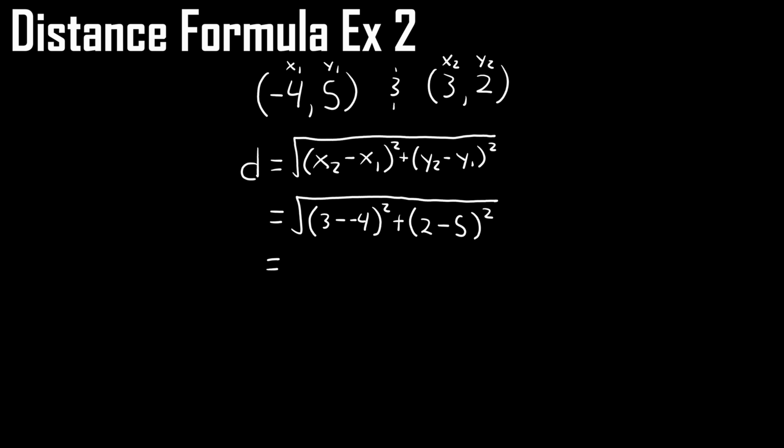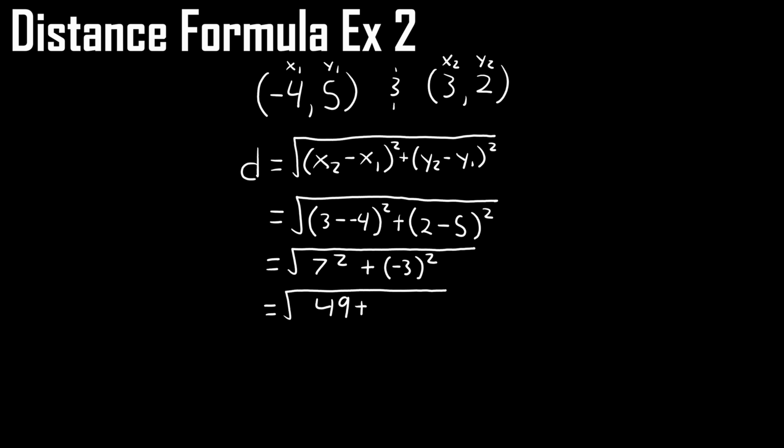This will simplify to the square root of 7 squared plus -3 squared, which will simplify further to 49 plus 9, which will again simplify to the square root of 58, which is equivalent to 7.62.